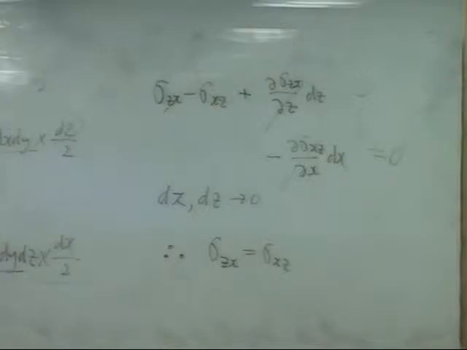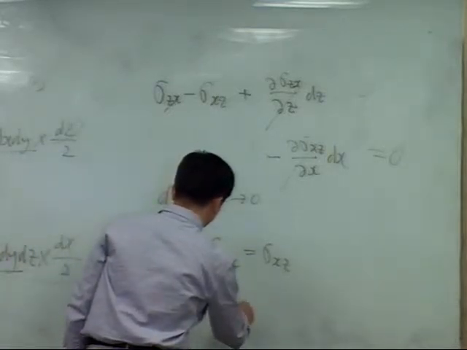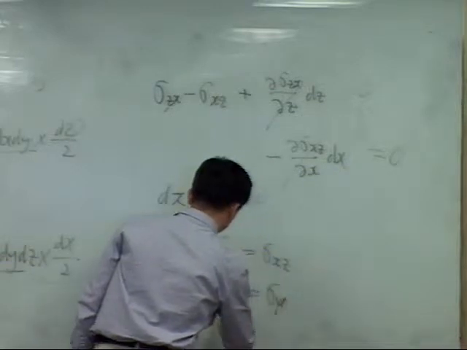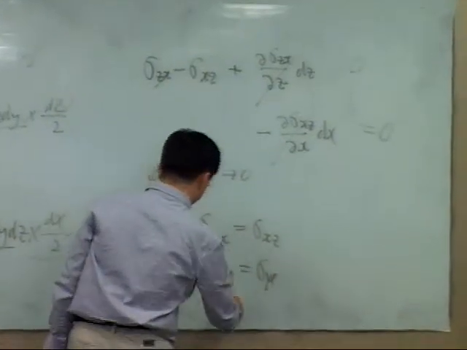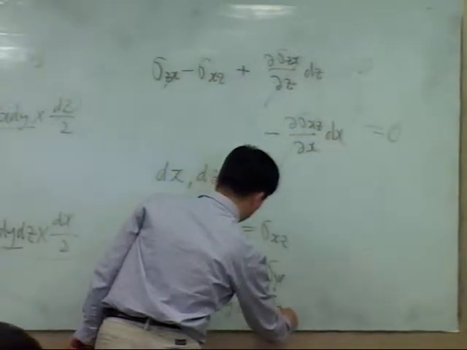If I take the moment about the x-axis and z-axis, I'm going to have two more equations: sigma xy equals sigma yx, and sigma yz equals sigma zy.